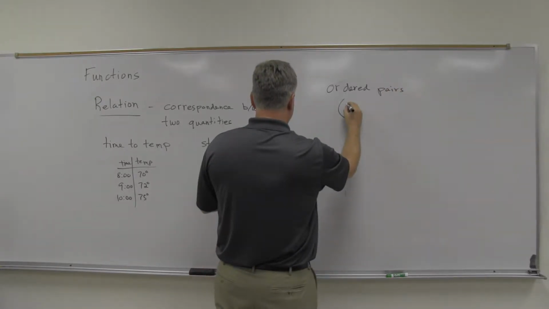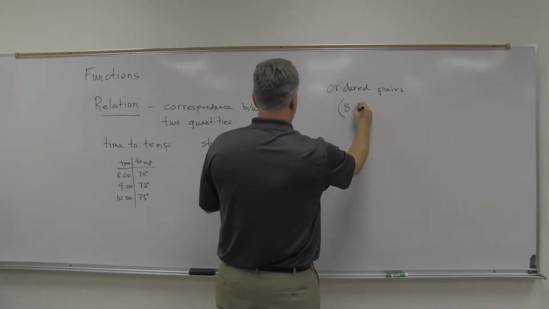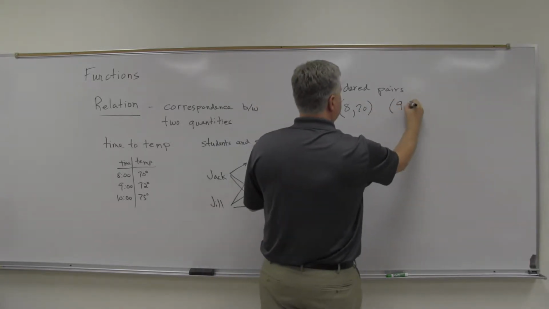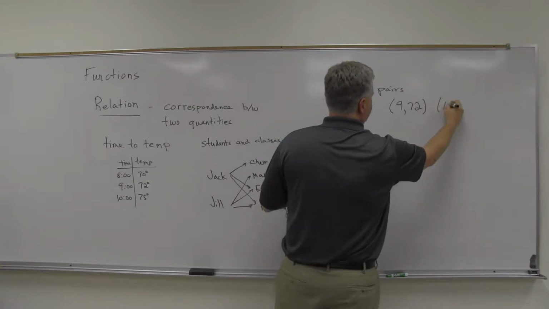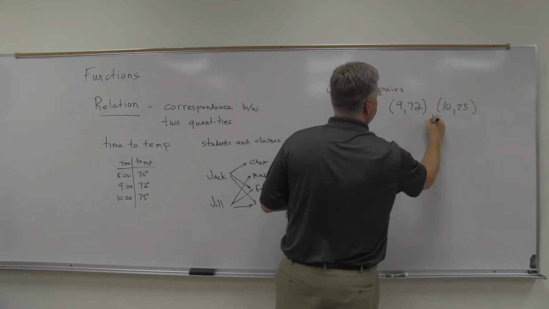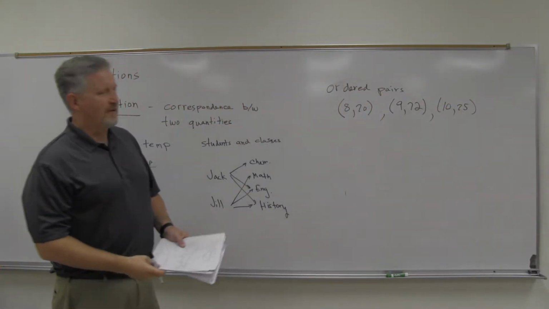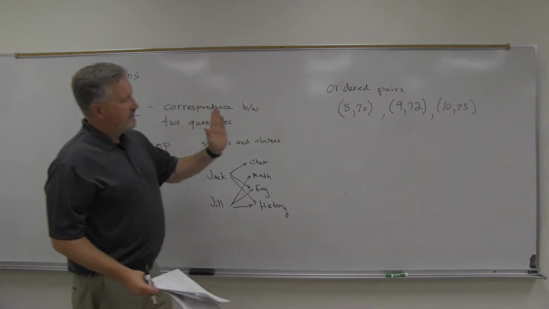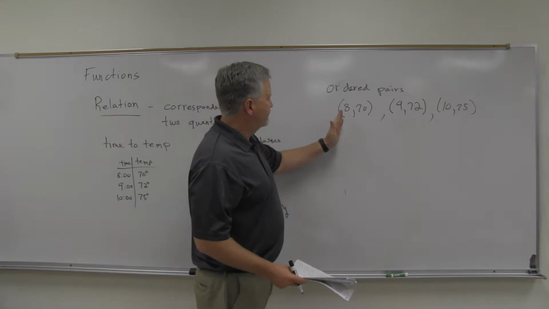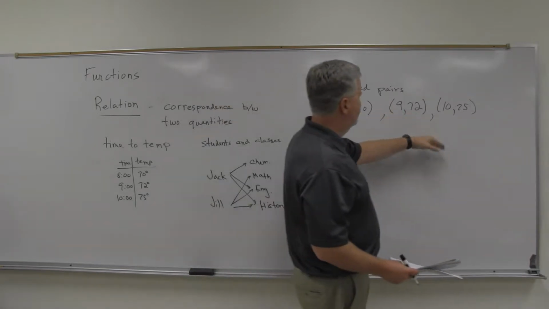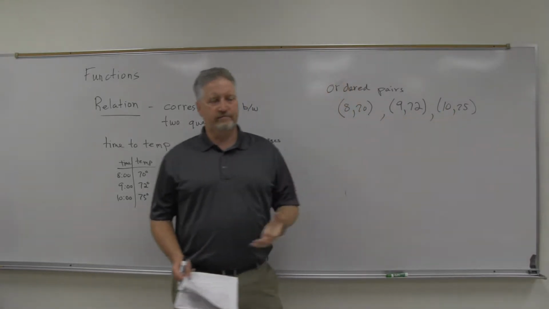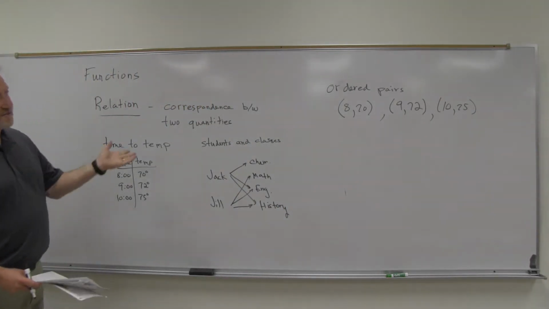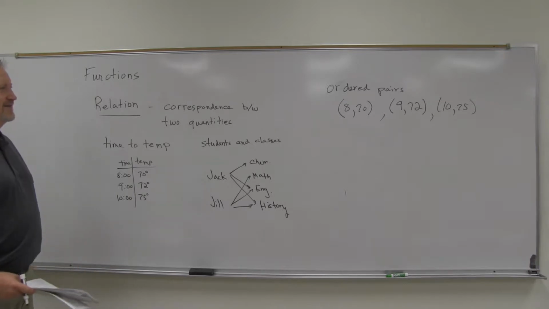That would be (8, 70), (9, 72), (10, 75). So that's probably more in line with what we've covered so far. Just a relation between numbers. So we established that 8 goes with 70, 9 goes with 72, 10 goes with 75. That establishes the relationship for those numbers, in that particular case anyway.